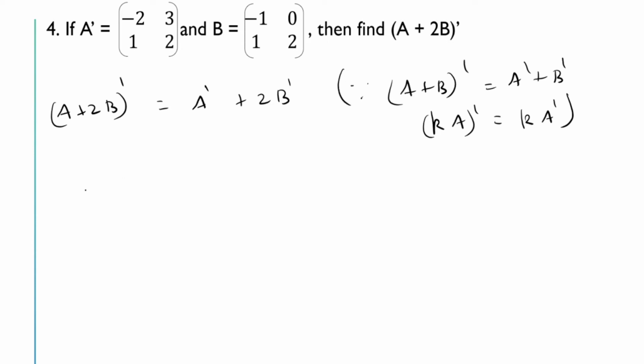So A transpose is already given in the question, minus 2, 3, 1, 2 plus 2 into B transpose. We can interchange the rows and columns of B to get B transpose. So minus 1, 0, 1.